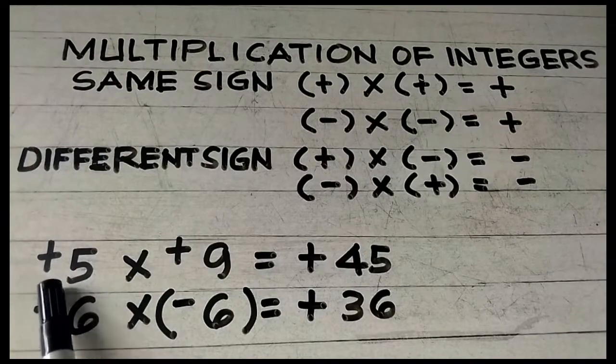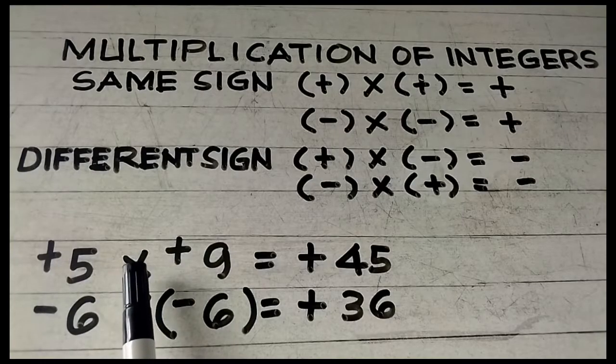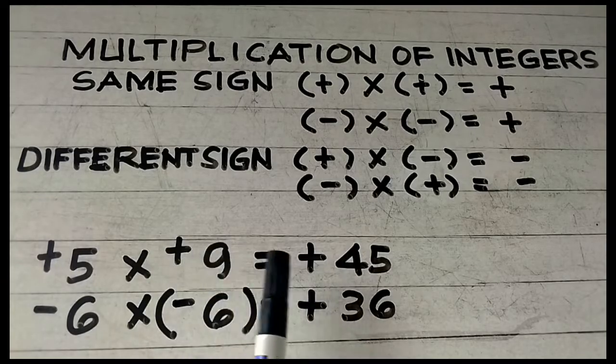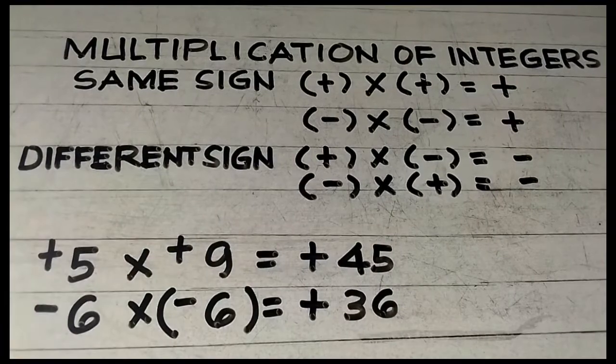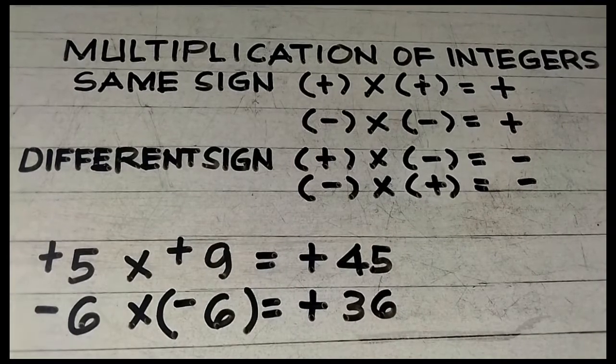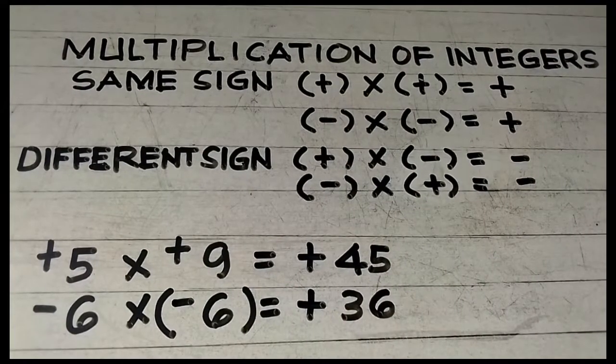So dahil ito ay same sign, positive multiply by positive, that is positive. Negative multiply by negative, that would be positive. Okay? So sa mga exam, wala kang makikitang sign number ng positive.